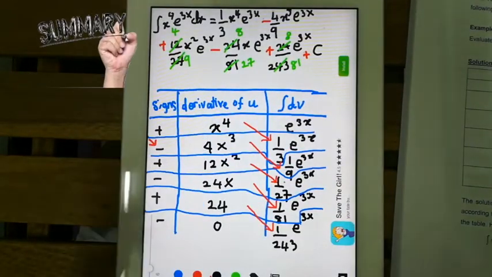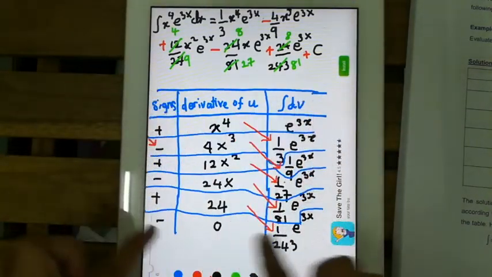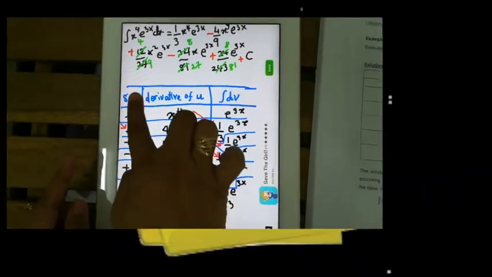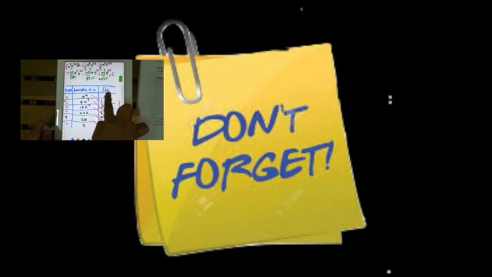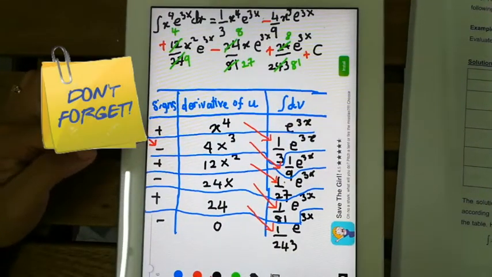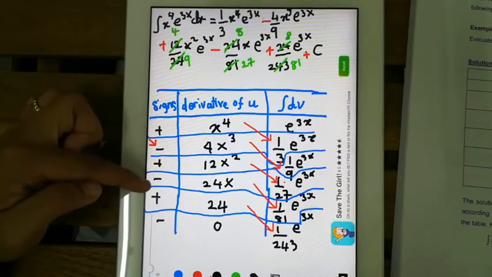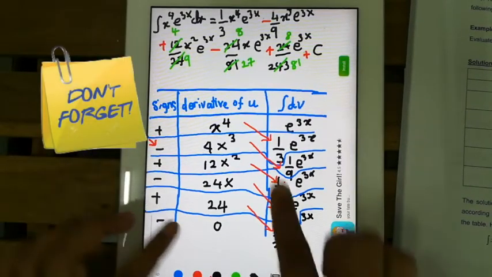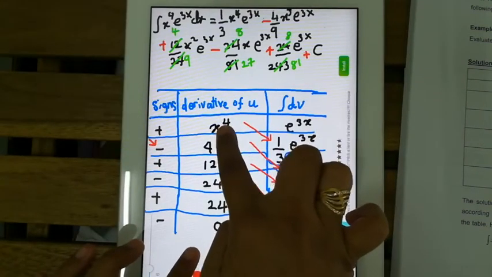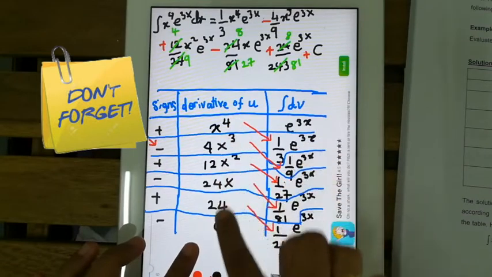Alright, is that clear? Just remember, the tabular method is very easy. You need to draw the columns which consist of signs, derivative of u, and dv, and the signs must start with plus, then minus, then plus again, then minus, and it repeats. If the u you pick is x power n, you must differentiate it until 0.